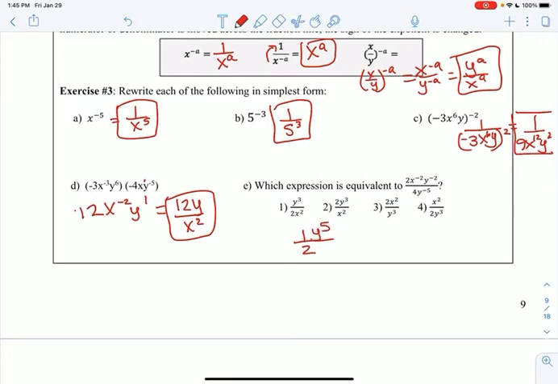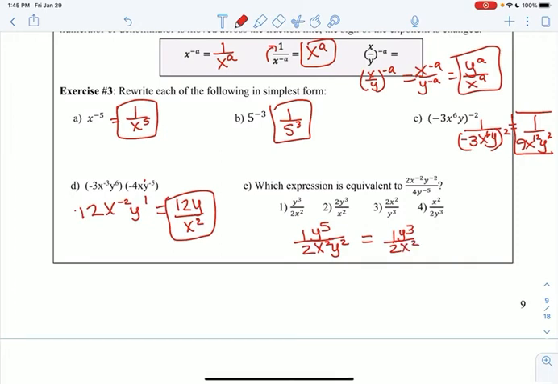The x to the negative 2 on top is going to move to the bottom and become positive 2. And the y to the negative 2 on top is going to move to the bottom and become y to the positive 2. So this is just 1/2. And the y to the 5th, I'm dividing now, so I subtract the exponents. So that's going to be y to the 3rd, and the x will just stay on the bottom. Right?